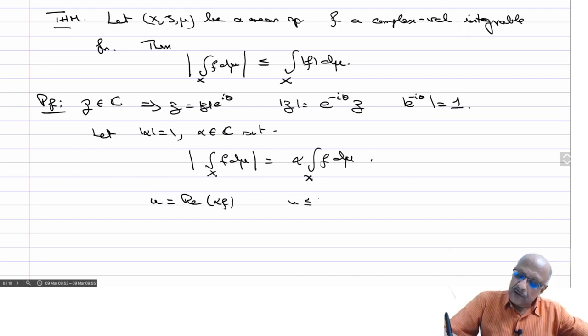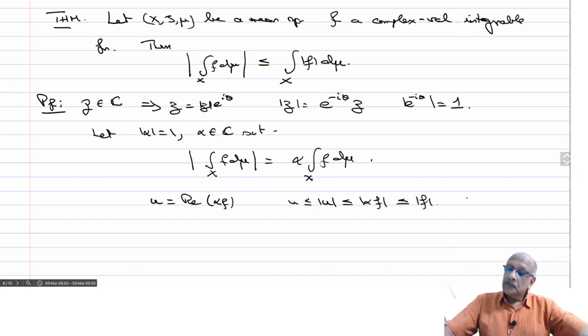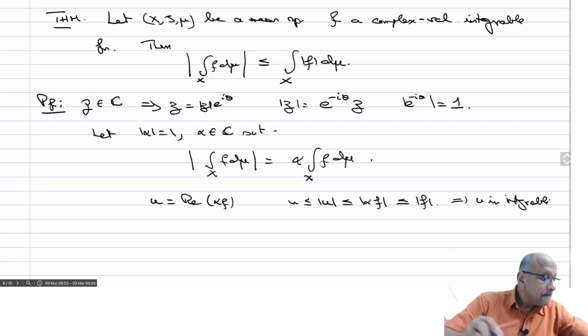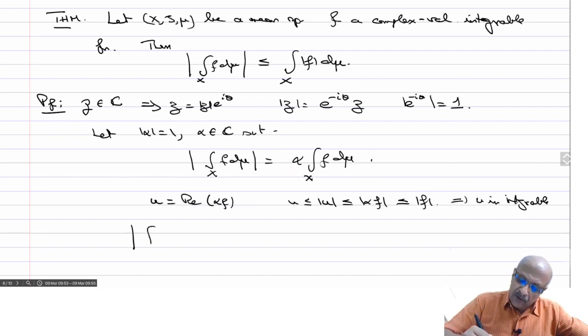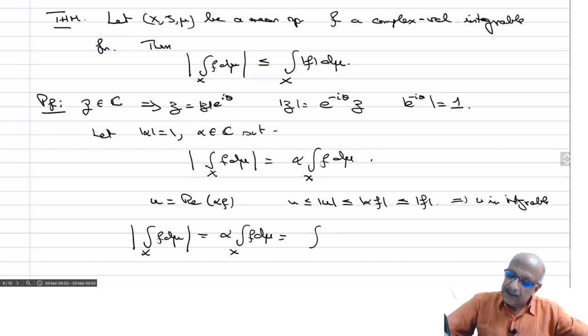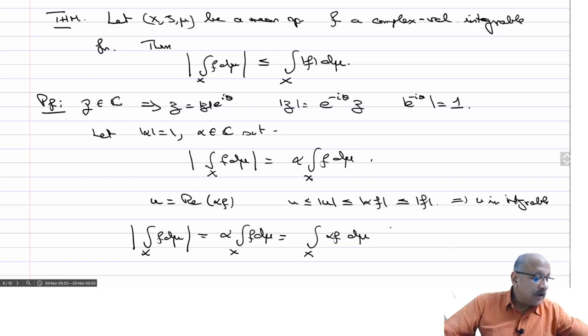Then u is of course less than or equal to mod u, which is less than or equal to mod of alpha f, and that's less than or equal to mod f. So this implies u is integrable. So the modulus of integral over x of f d mu is nothing but alpha times integral of f d mu. But then we know by the linearity this is nothing but integral of alpha f d mu over x.